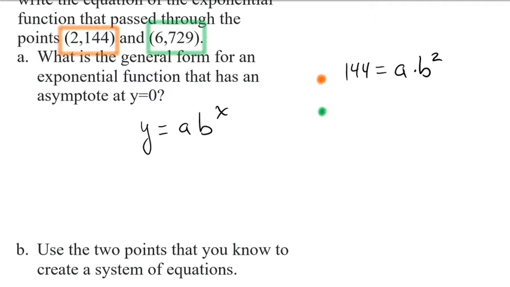Okay, so the second equation I have is that 729 equals a, I do not know a, b, I do not know b, but I do know that my exponent is the number 6. All right, so here's my system of equations.